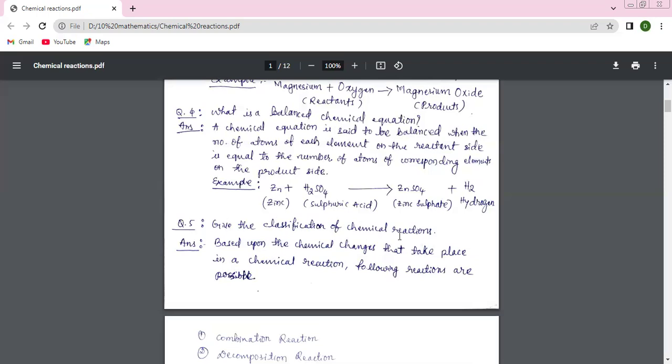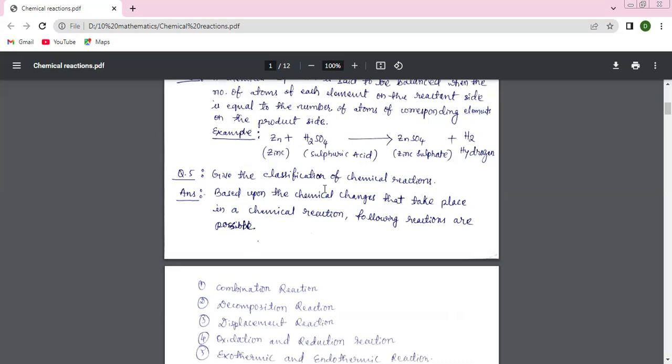Give the classification of chemical reactions. Based upon the chemical changes that take place in a chemical reaction, the following reactions are possible.